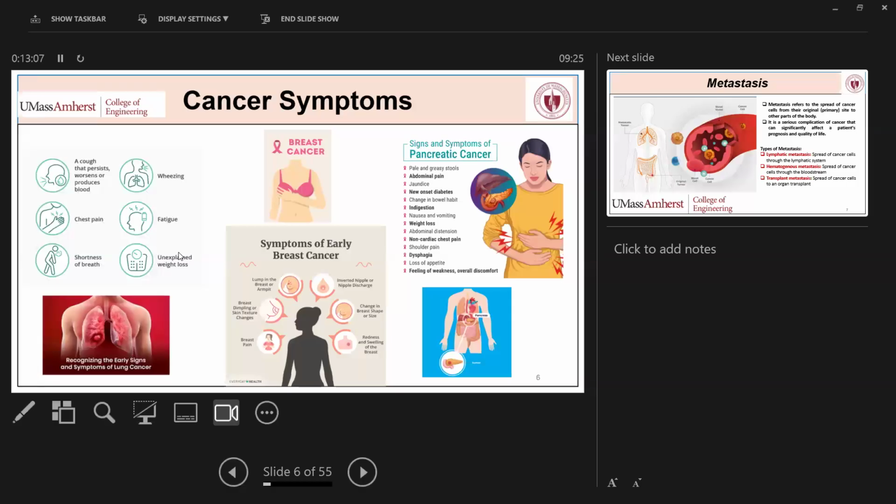Lump in the breast or armpit, and early symptoms like breast pain, redness or swelling of the breast, changes in breast shape or size, skin texture of the breast, inverted nipple or nipple discharge. All those are breast cancer symptoms.